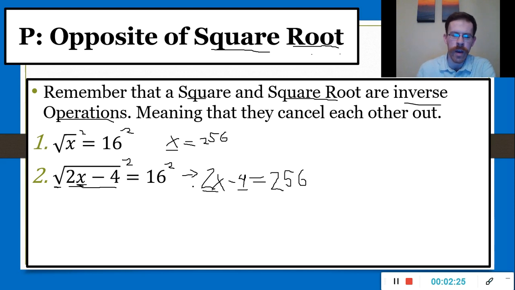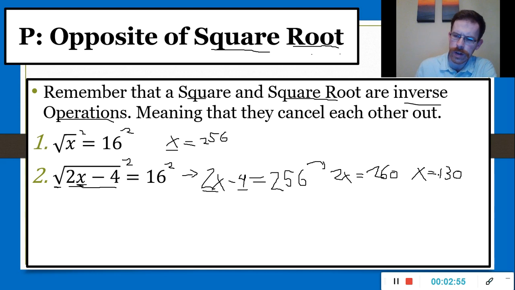But I still like to work from the outside to the inside. Oh, excuse me. The opposite of a minus 4 is a plus 4. And so 2x is equal to 260, because 256 plus 4 is 260. And then x is 260 divided by 2, which is equal to 130.